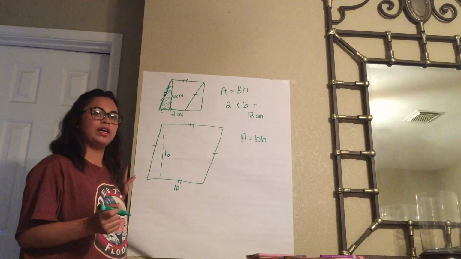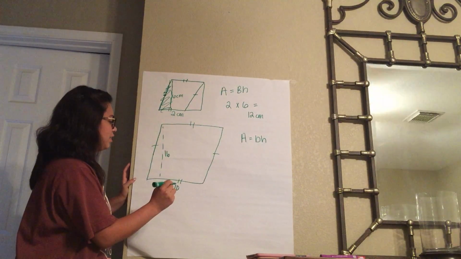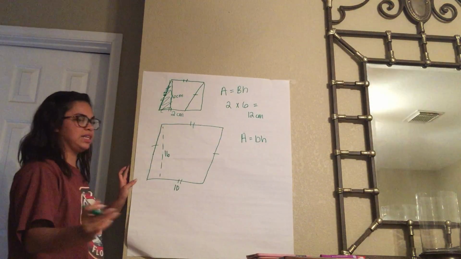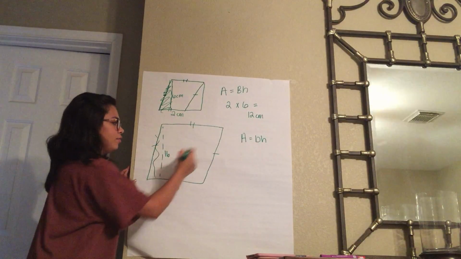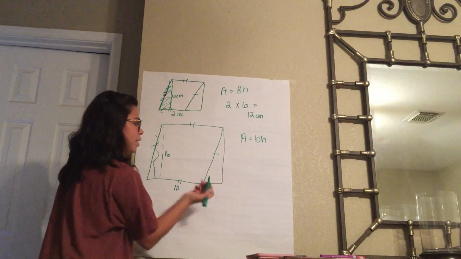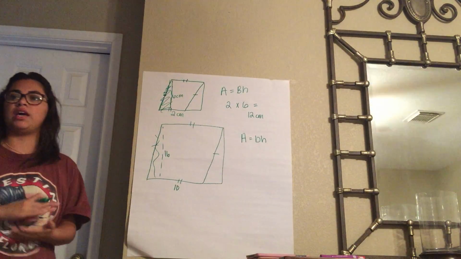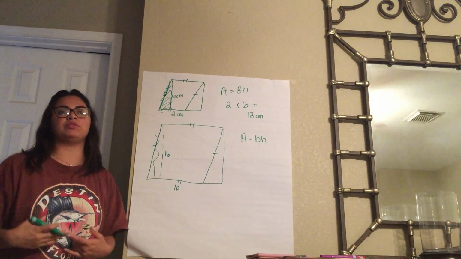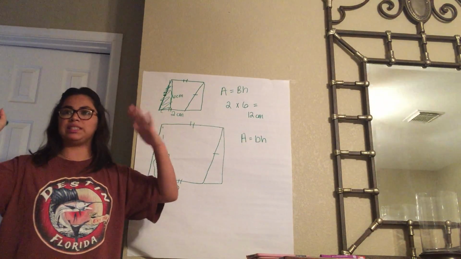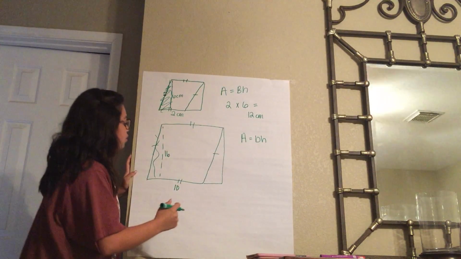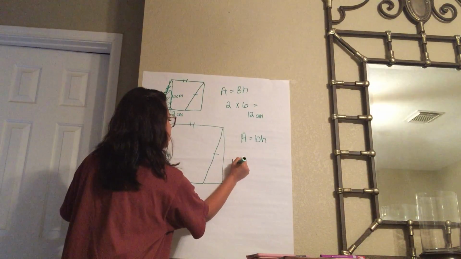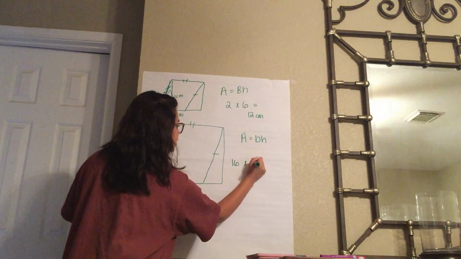Alright, so y'all are done? Okay. So what we're going to do is we have all the steps, right? We just cut this off, bring it over here, and make a rectangle, right? Everyone understands that a rectangle and a parallelogram are basically the same shape, just a parallelogram is slanted. So we're going to multiply 16 times 10.